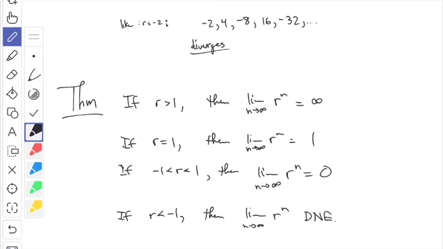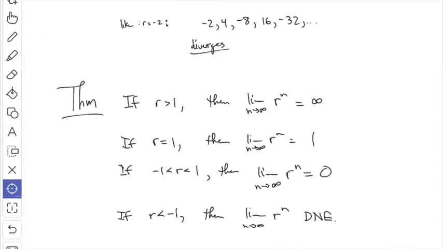This is the theorem about geometric sequences. I would expect you to have this memorized. It's not all that hard to think it through, but the basic upshot is: if r is bigger than 1, this thing goes to infinity. If r is small, like a fraction, then you get 0.